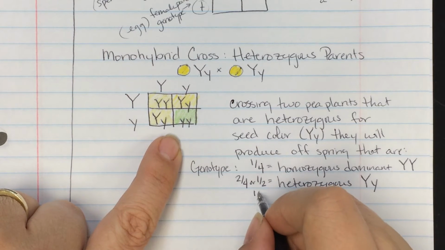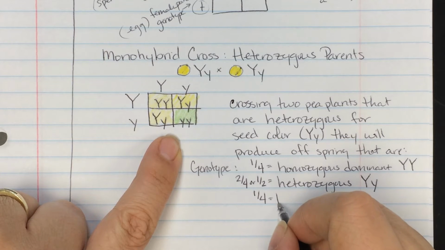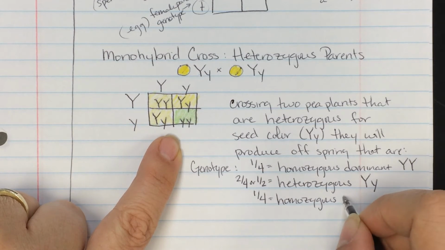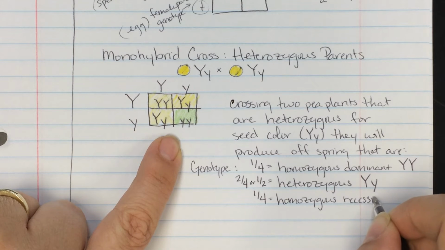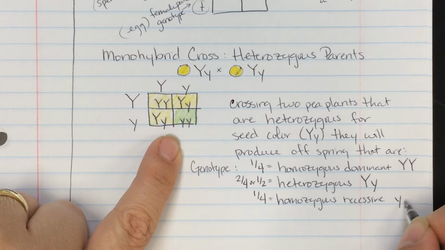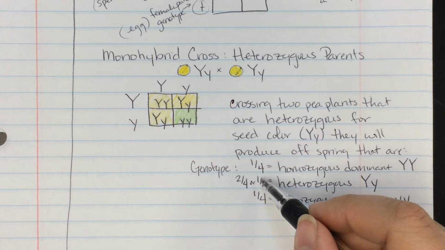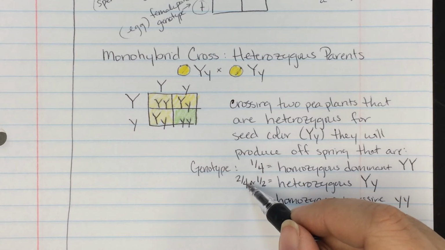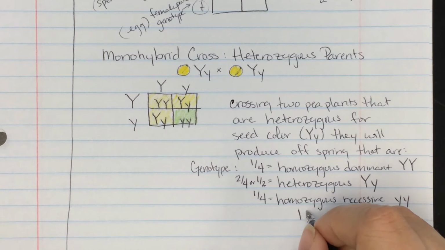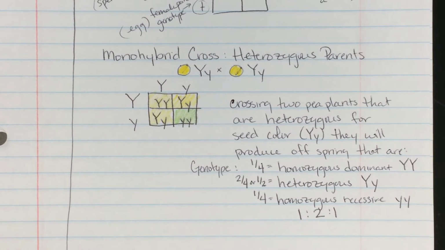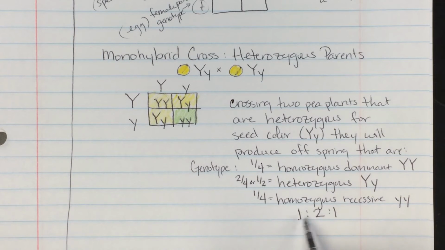And then 1 out of the 4 is going to be homozygous recessive, which means that it's going to be the little y genotype. So this traditional ratio, if we ignore the 1/2 here and we just keep it as the fourths, will be a 1:2:1 ratio of my homozygous dominant to my heterozygous to my homozygous recessive.